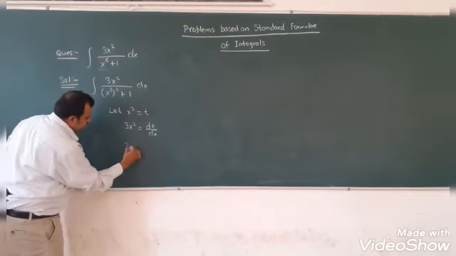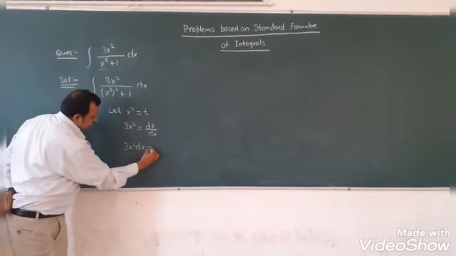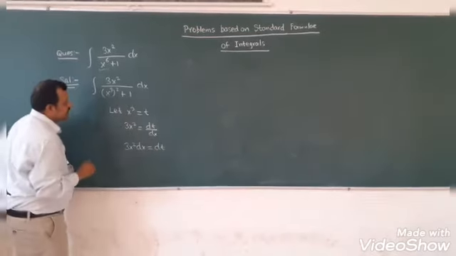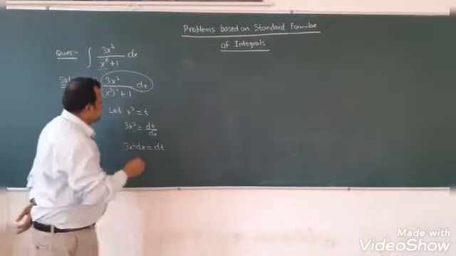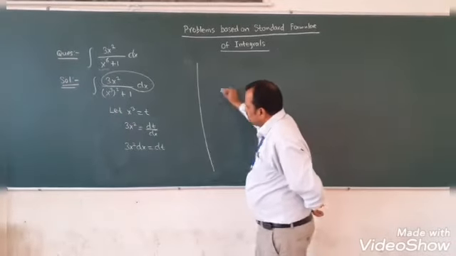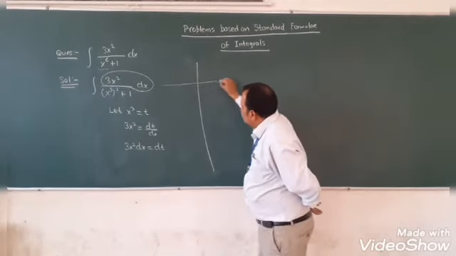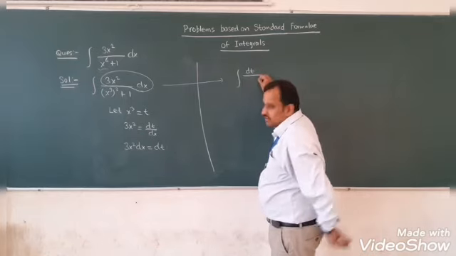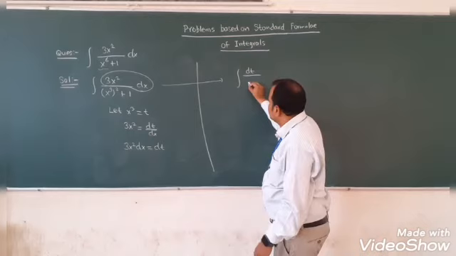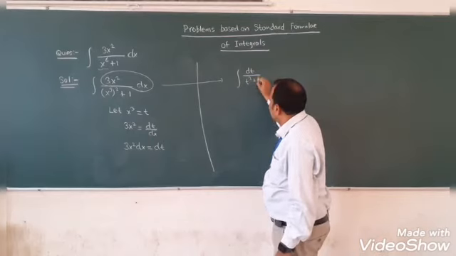So 3x square dx is equal to dt. So you can see here, this we can write as dt divided by, so x cube is nothing but t, so t square plus 1.